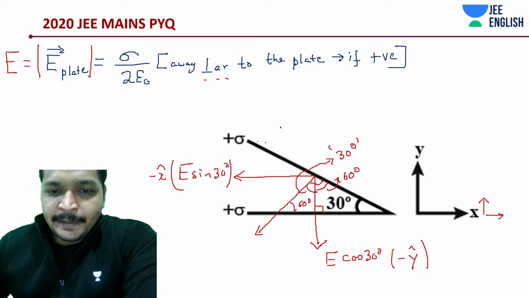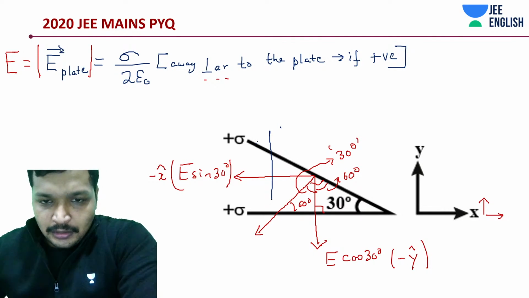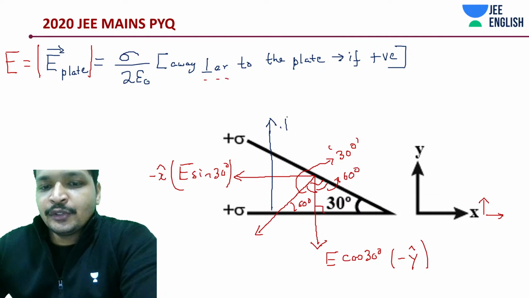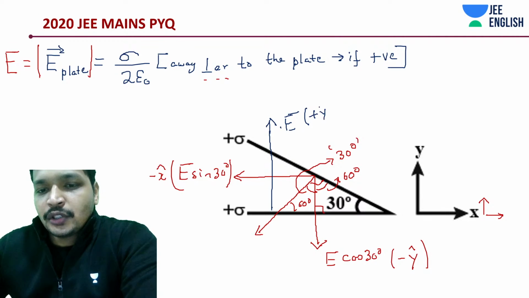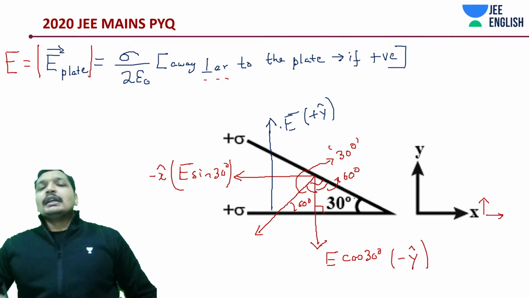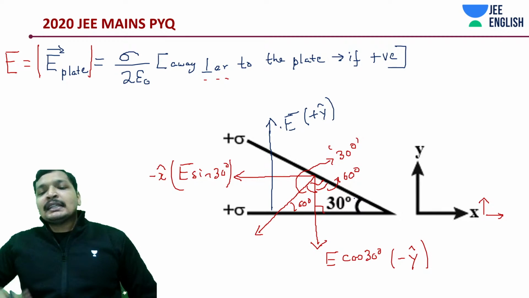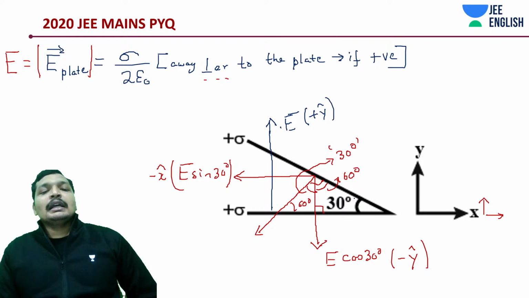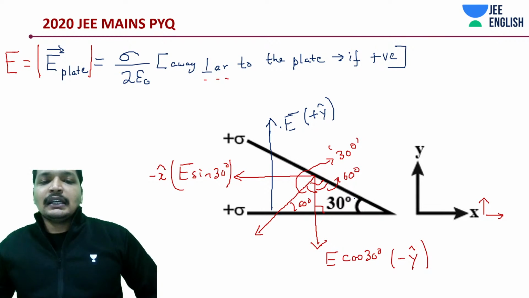So basically a perpendicular line it is. In this direction, what is the magnitude? Its E value is fixed, plus y cap, plus y cap. If you add them both, what is it? E minus E cos 30 y cap, and minus x of E sin 30.